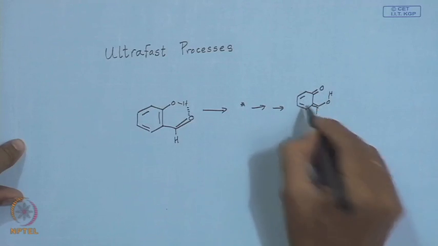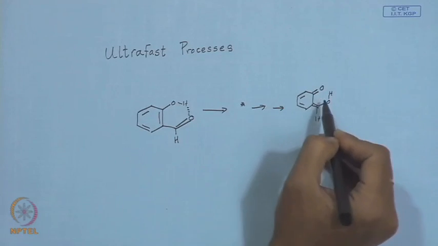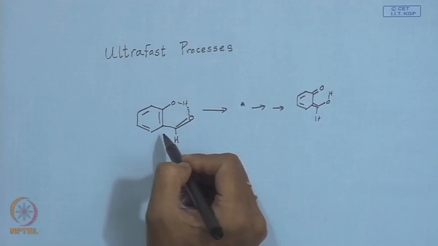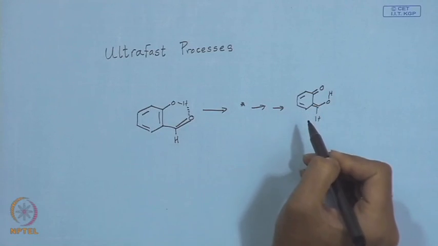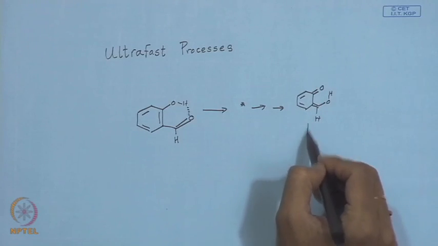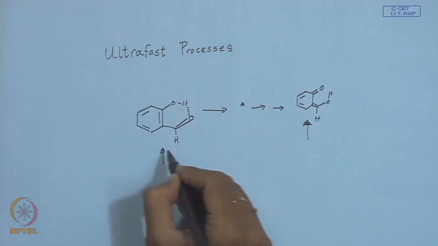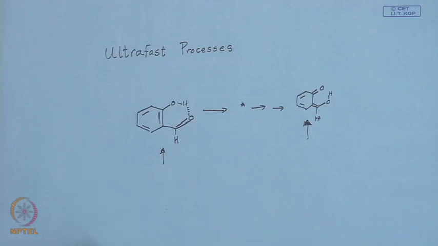You can probe this process because this is a tautomer and this is your normal form. Tautomer and normal can have different absorption wavelengths or fluorescence wavelengths. So you can monitor for this species or for this species, and as a function of time you can monitor how the intensity of your fluorescence or absorption is changing.